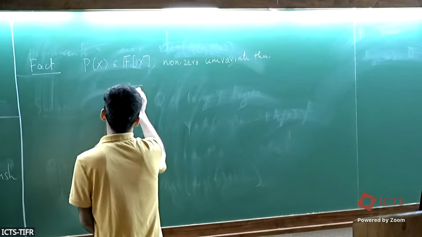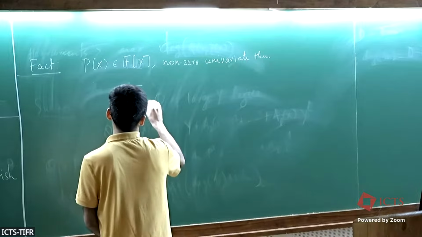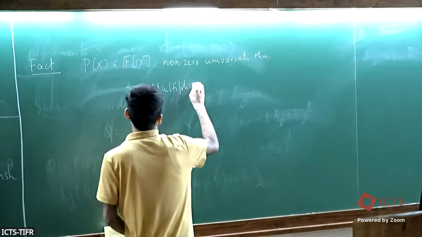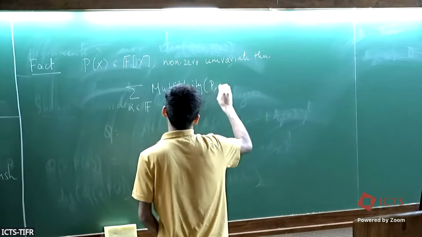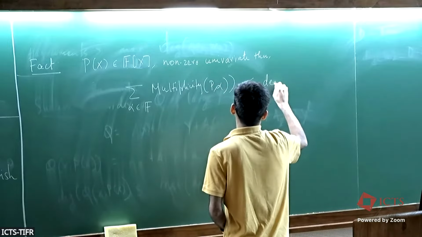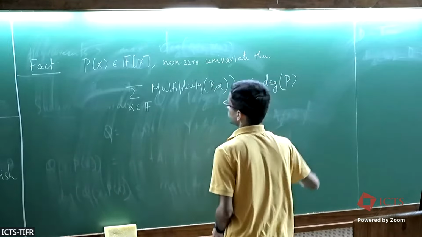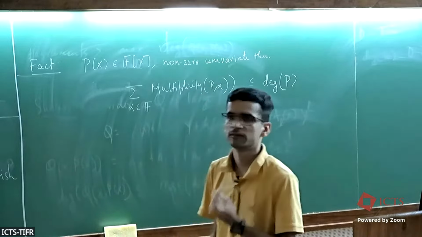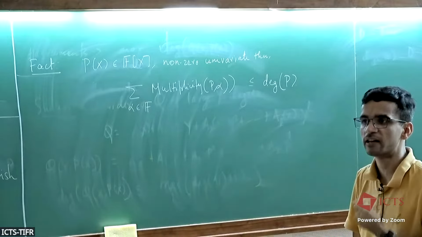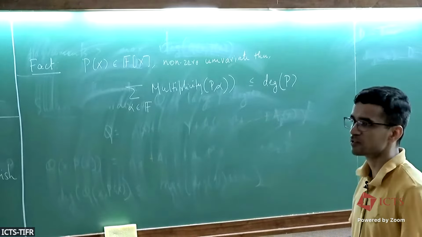Then let's sum over all alpha in the field and look at the multiplicity of p at alpha. This is going to be at most the degree of p. So far we have been counting zeros, which is really counting points with multiplicity at least 1. But something stronger is true.